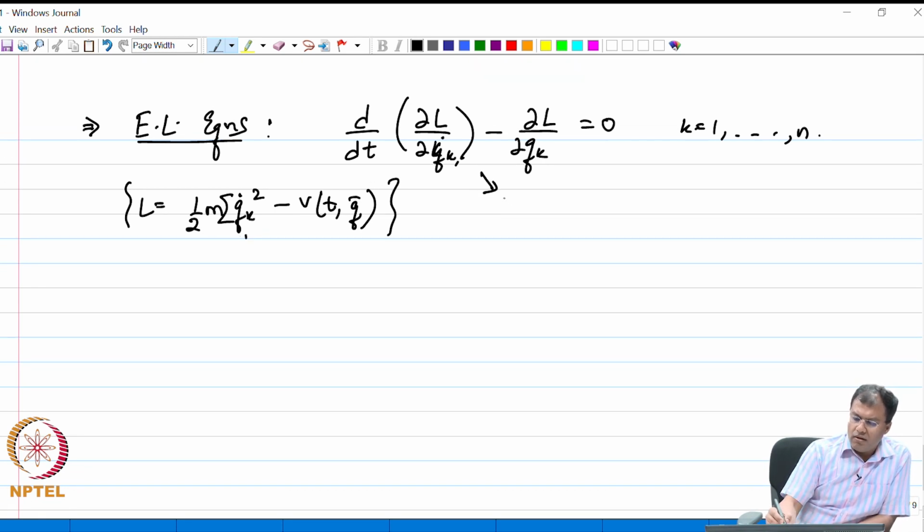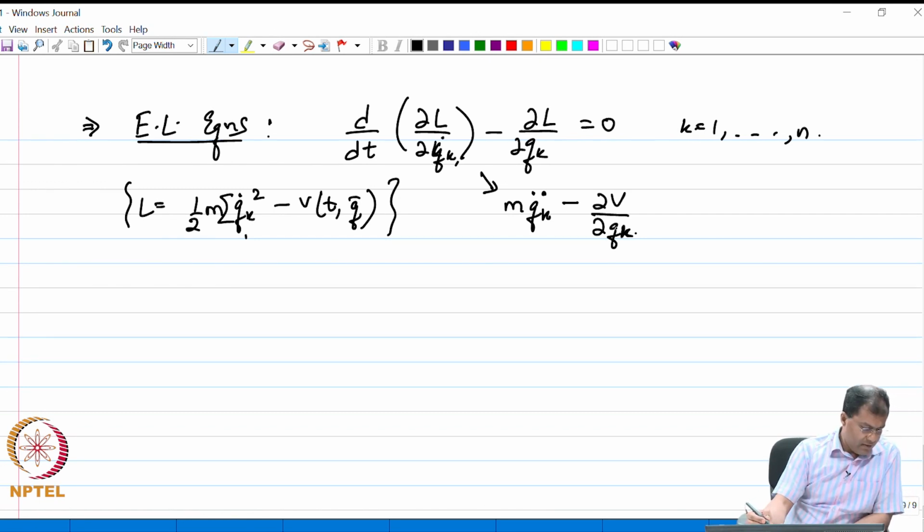So, after plugging in the value of L, we get that this is equal to m times q k double dot, minus the second quantity, which is the partial of L with respect to q k, which only appears in V. So, I get that this is also equal to del V del q k for each component, right.